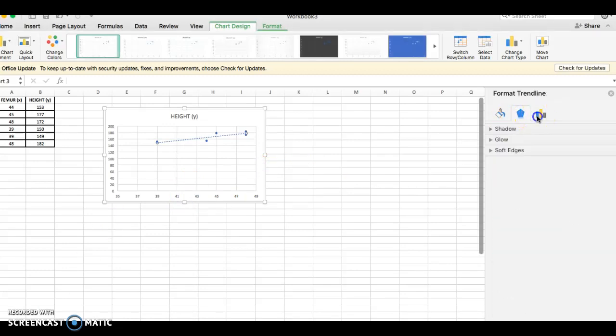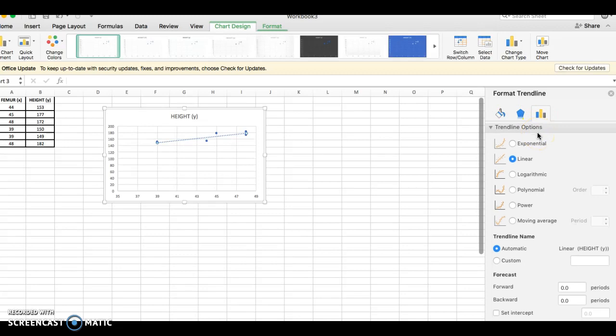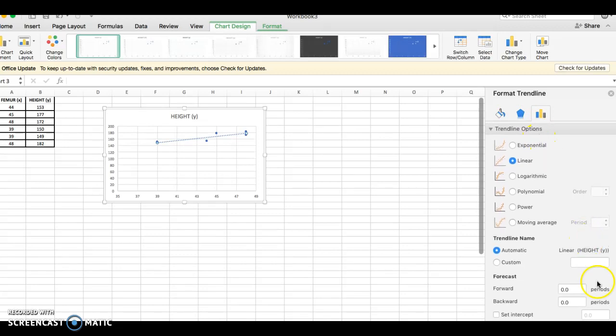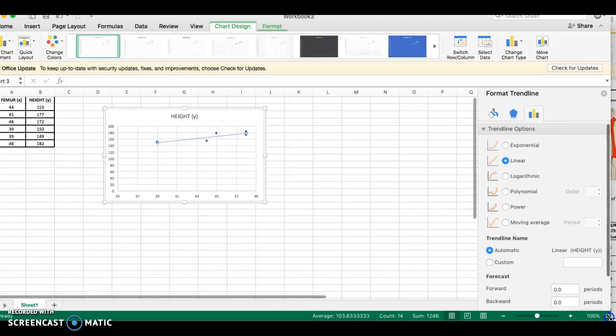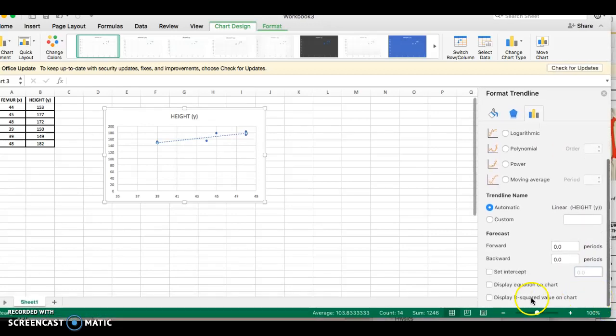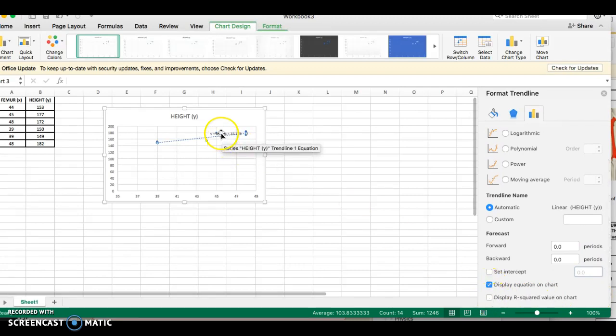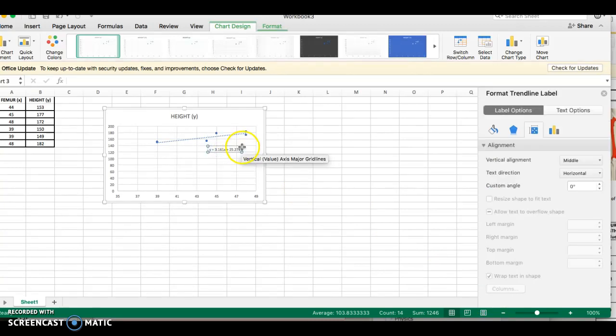If I want to format my trend line, I'm going to shrink my window so you can see it here. If I go down here, I can display my equation. It looks like it's the exact same equation that you saw earlier.